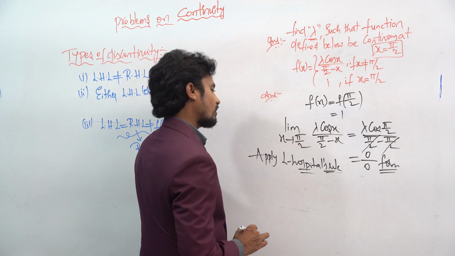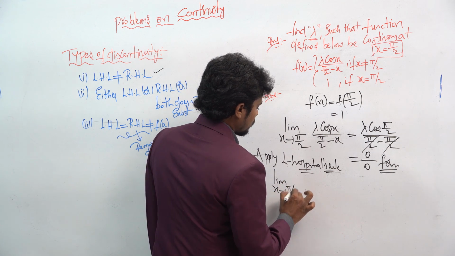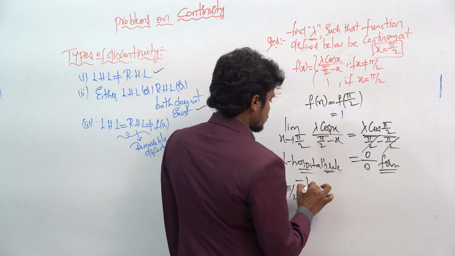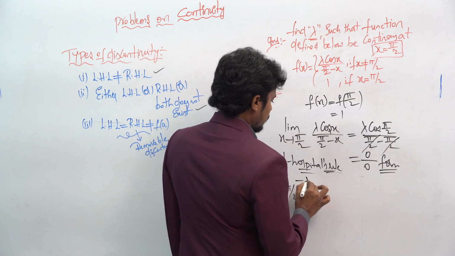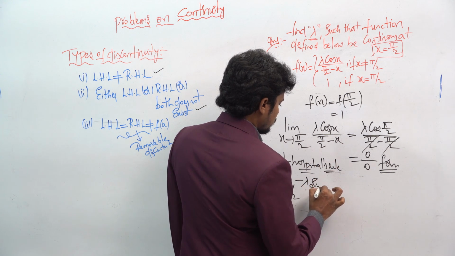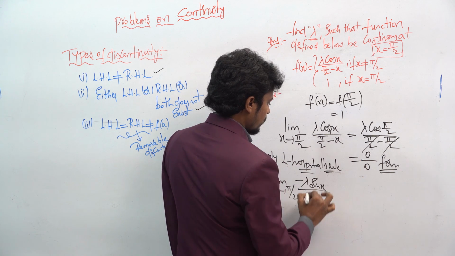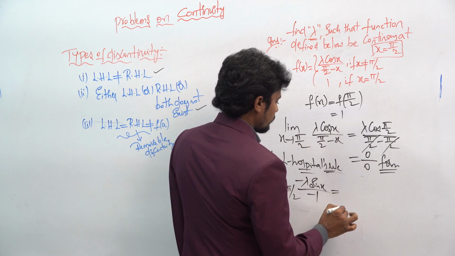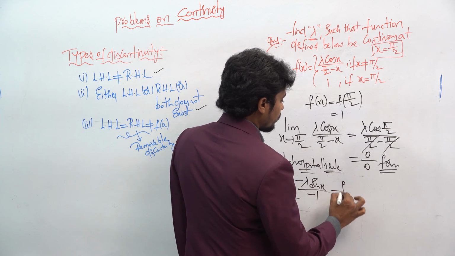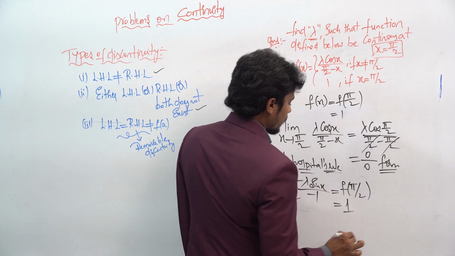So here, applying the limit as x tends to pi by 2, the numerator lambda into cos x becomes minus lambda sin x, and the denominator becomes minus 1, that will be equal to f of pi by 2. How much will you get? You will get 1, right?